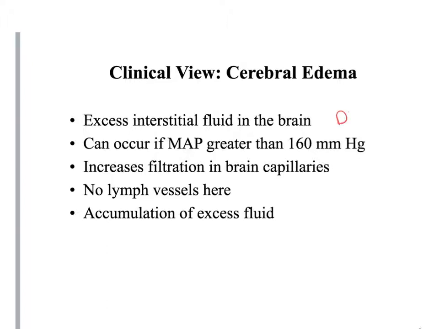Is equal to diastolic pressure plus 1/3 of the pulse pressure, right? And the pulse pressure is the difference between the top number and the bottom number. Right? And diastolic pressure is the bottom number. If mean arterial pressure is 160, that's like your blood pressure is like 200 over 120. Okay? It's pretty high.